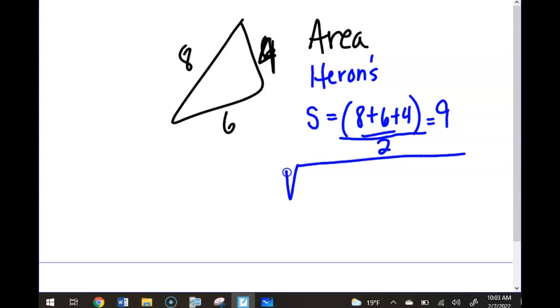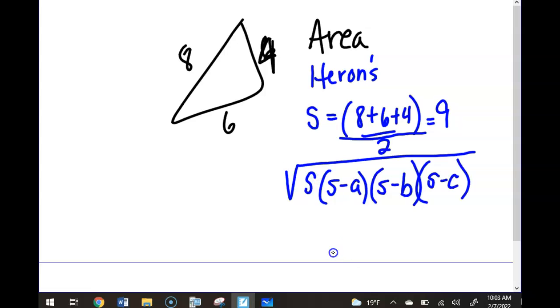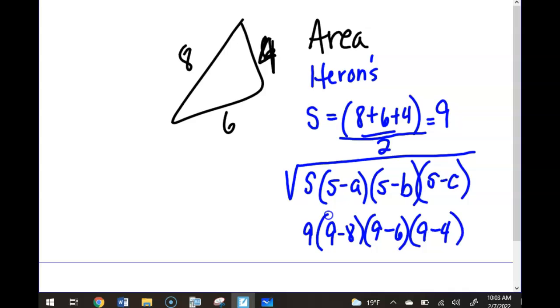And then Heron's formula says you take S times S minus A times S minus B times S minus C, and you got to square root it all. So I'm going to have 9 times 9 minus 8 times 9 minus 6 times 9 minus 4.